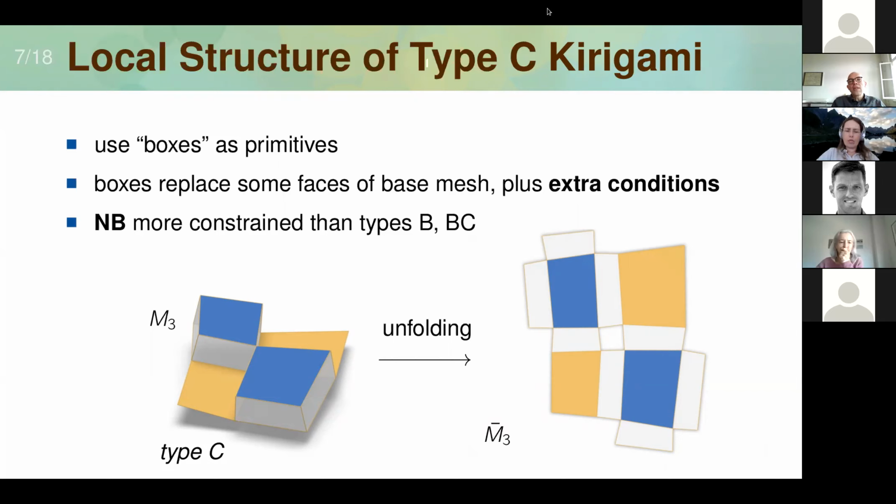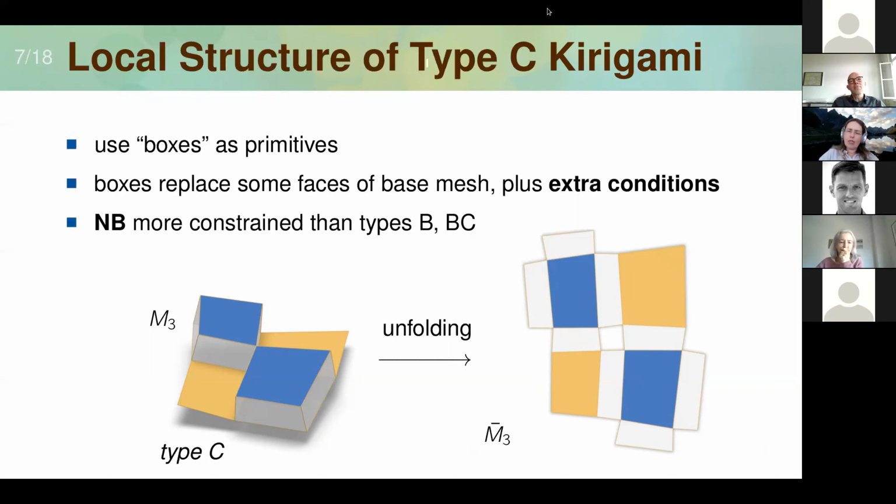And when you now count degrees of freedom and constraints, you see that those numbers are equal. And you cannot really be sure that you can compute such a thing by optimization. And in fact, yeah, we were a bit disappointed that we could not prove existence of such a Kirigami structure in other than trivial cases.